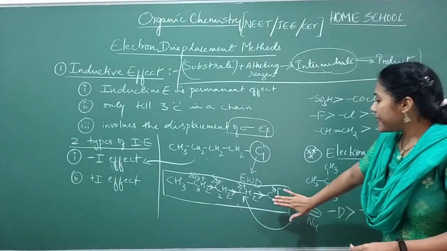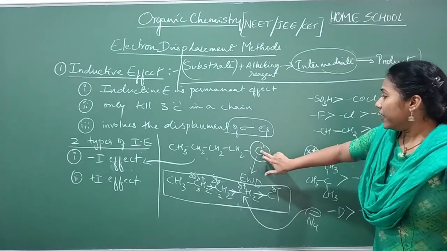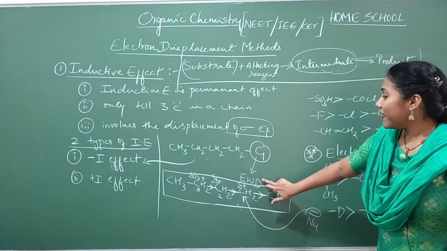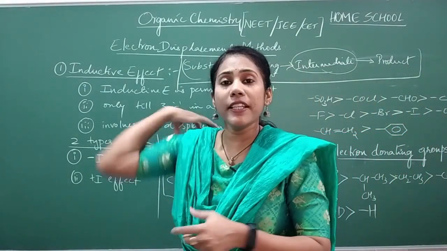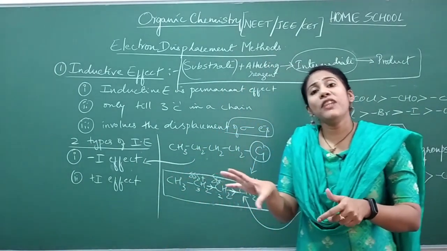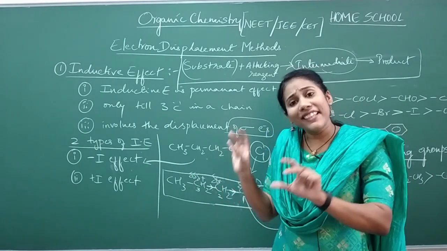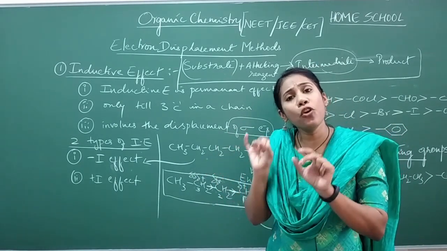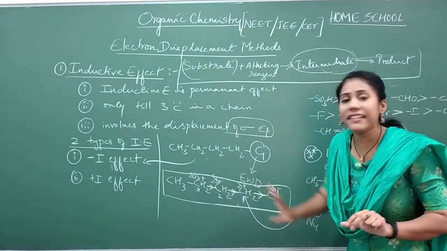So this is what we call the minus I effect. Remember, whenever a special group is an electron withdrawing group, what do you mean by electron withdrawing group? Electron taking group. These groups will always take electrons from others, and they are always more electronegative than the carbon atoms present in a chain.